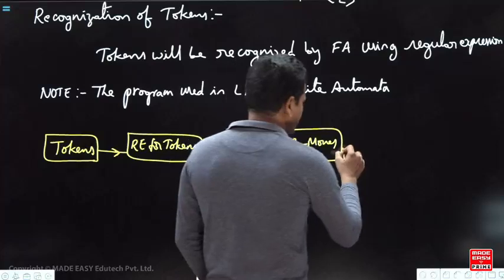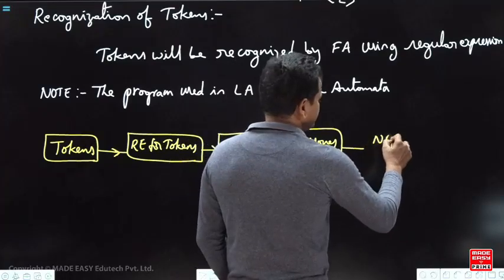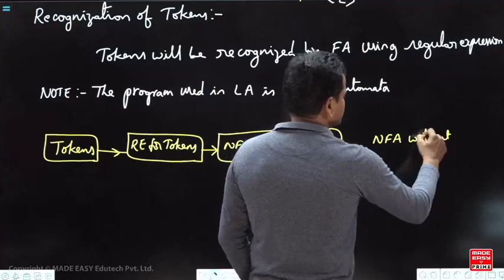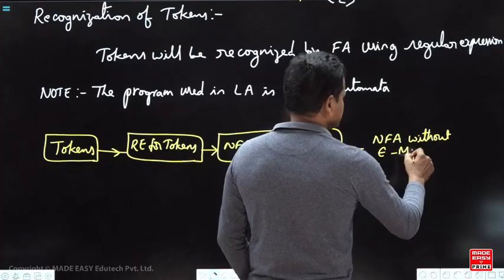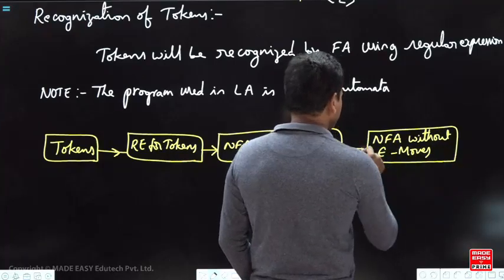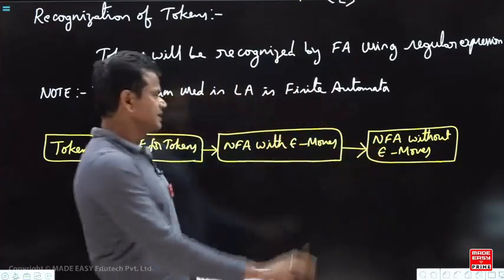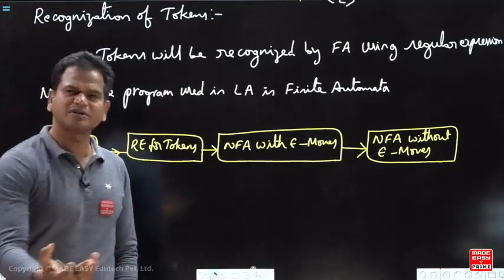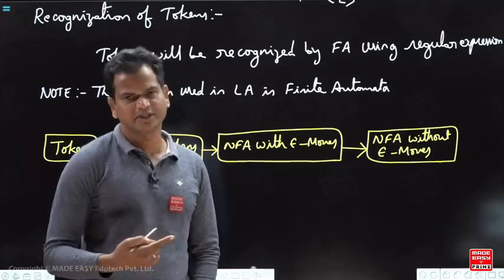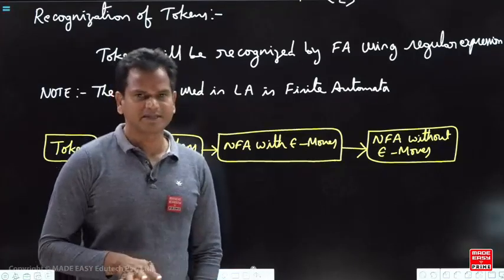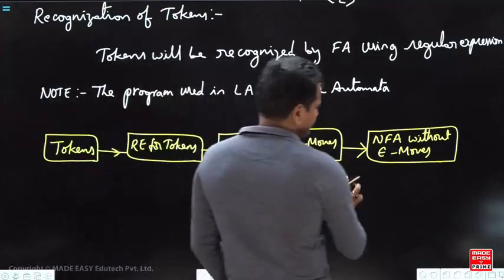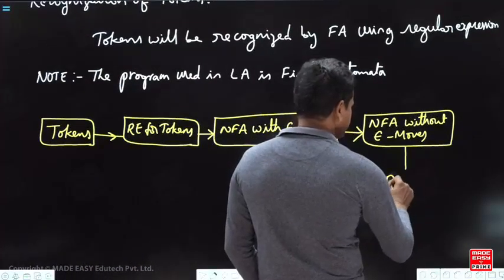Then we have an algorithm by which we can convert an NFA with epsilon moves to one without epsilon moves. This is the part of TOC. So you will see when your TOC comes. The absentees or late joiners, you do not bother about this one. Now, when you have NFA to DFA, there is an algorithm.